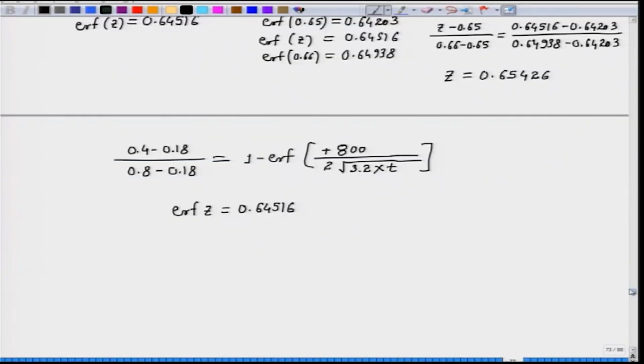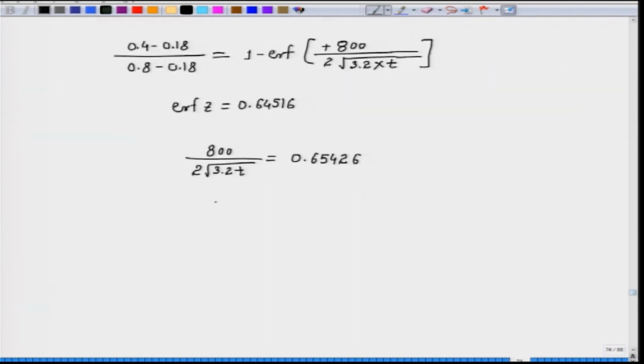So, if I substitute for z, which is 800 divided by 2 root 3.2 T, equal to 0.65426, this will give me the value of T, which comes out to be 11,685 divided by 3600.